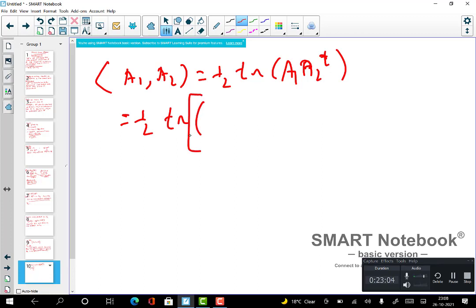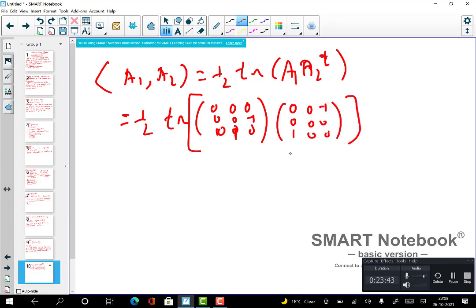A1 is this matrix, and A2 transpose is nothing but 0 0 1, 0 -1 0, 0 0 0.